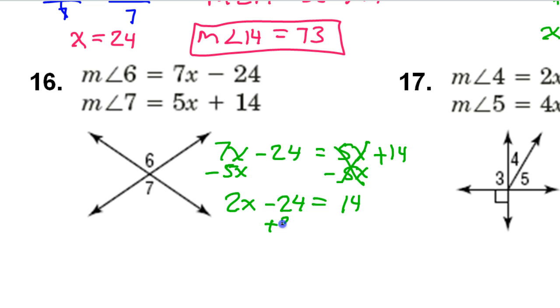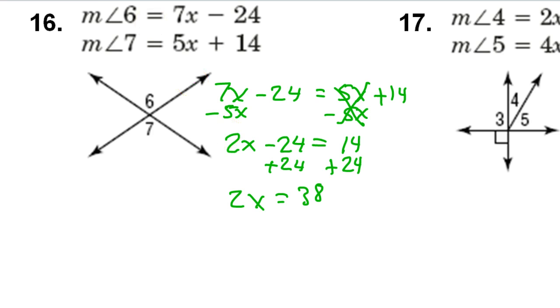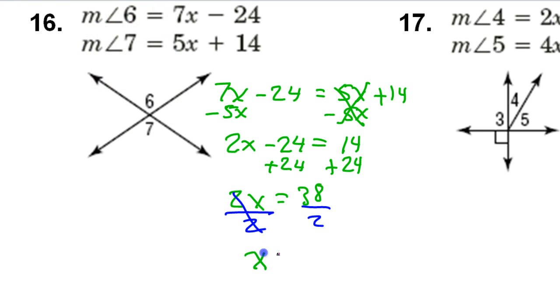Now let's add 24 to both sides to get rid of the 24. So that'll give me 2x is equal to 38. Alright, now I need to divide both sides by 2. So x is 19. But that's not the answer. I need to know the measure of angle 6 and the measure of angle 7.